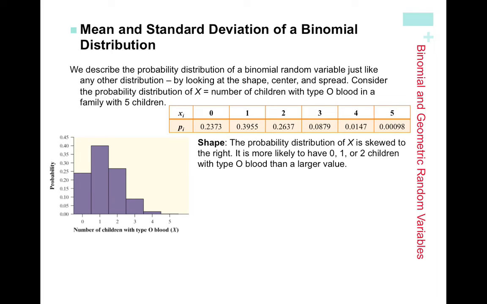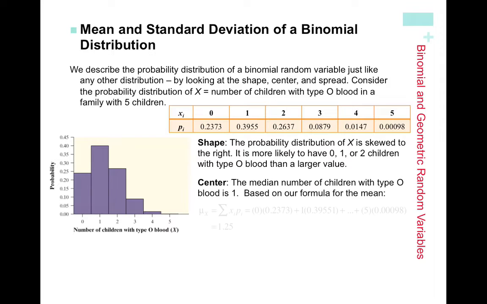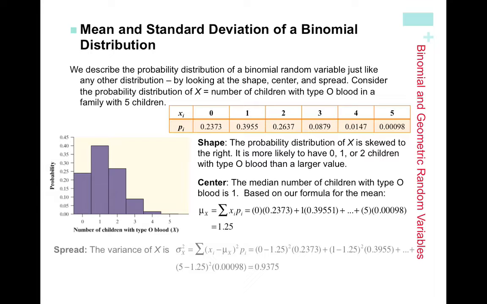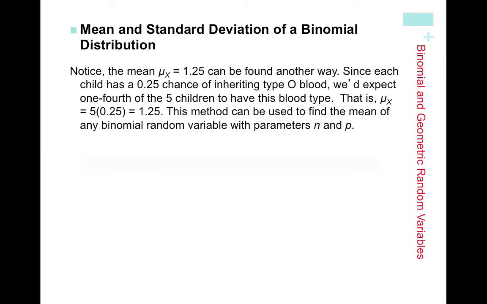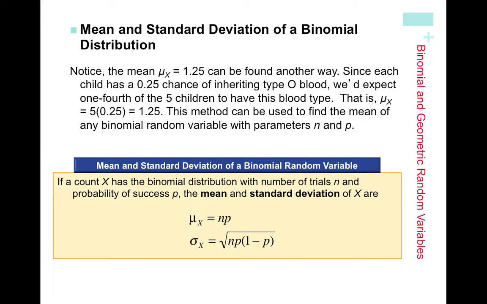We also talked about finding the mean and standard deviation. This example right here is kind of going back through the old formula just to prove a point that there is a shortcut here. The actual formulas are on the AP formula sheet. So the mean of x, where x is the random variable that follows the binomial distribution, is just n times p.